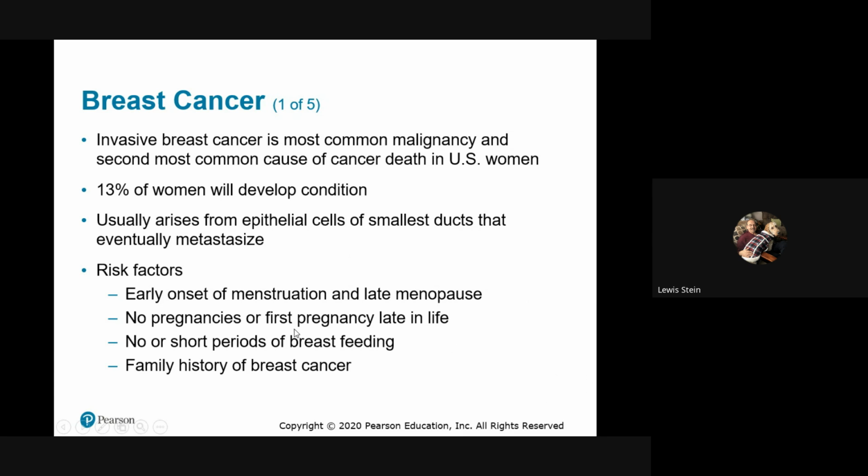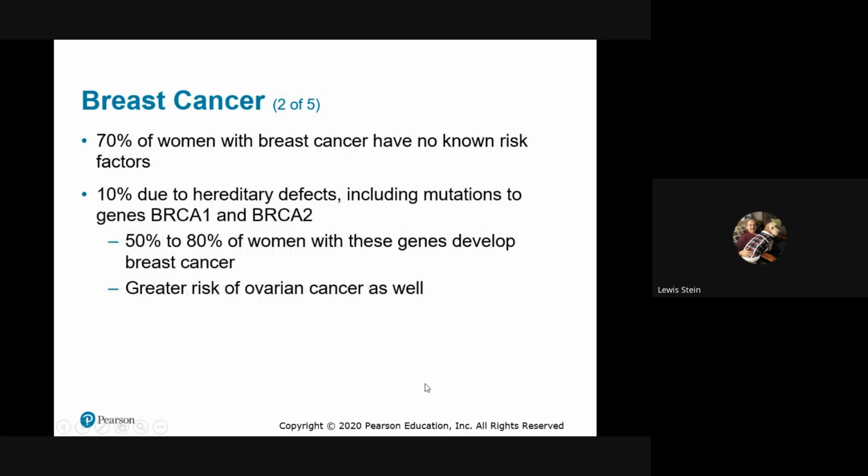Okay. There are lots of different risk factors that you can go through, but this is interesting. A substantial majority of breast cancers have no known risk factors. 10% are due to hereditary defects. And of course, these breast cancer genes are very important because of the extraordinarily high percentage of both breast and even ovarian cancer.